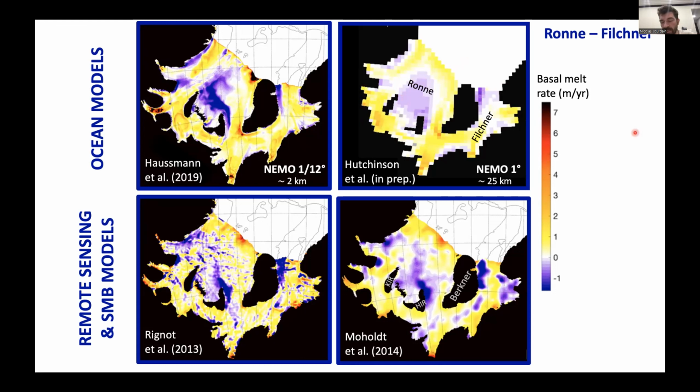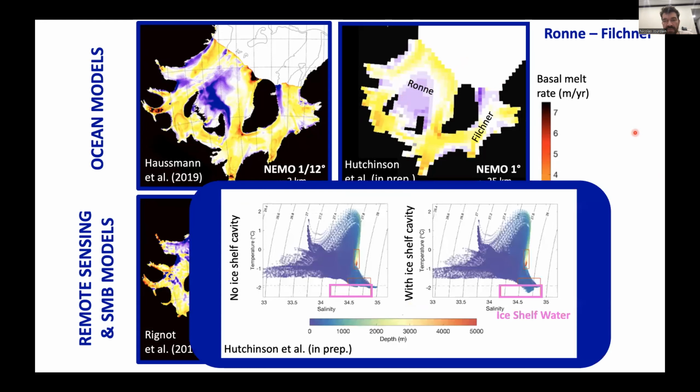So a question that we should ask is, are we happy about this melt pattern in climate models? And I guess that the answer depends on what you expect from these models. Here I've shown the temperature and salinity diagram. It's also from the paper by Catherine Hutchinson. On the left, you have the TS diagram with no ice shelf cavity, and on the right, you have the TS diagram with ice shelf cavities.